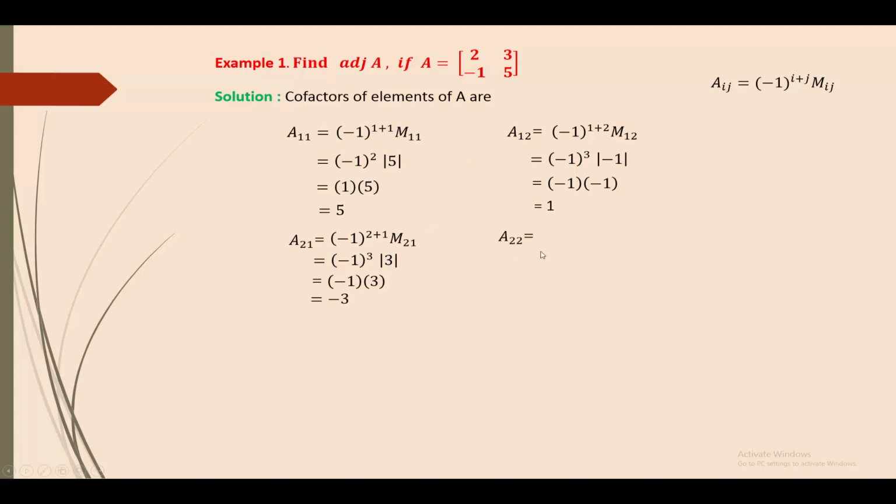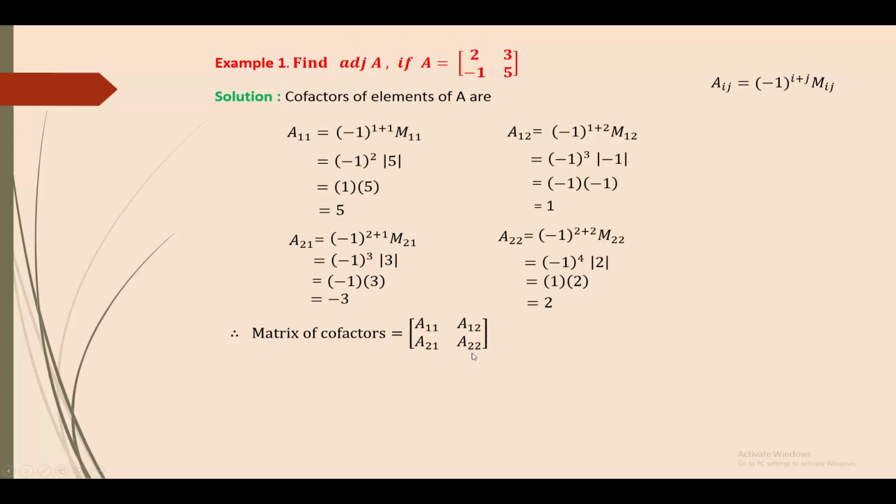Now A22 is equal to minus 1 raised to 2 plus 2 M22, minus 1 raised to 4 into the minor obtained by deleting the second row and second column, so only 2 remains. Minus 1 raised to 4 is plus 1 into 2, which is plus 2.